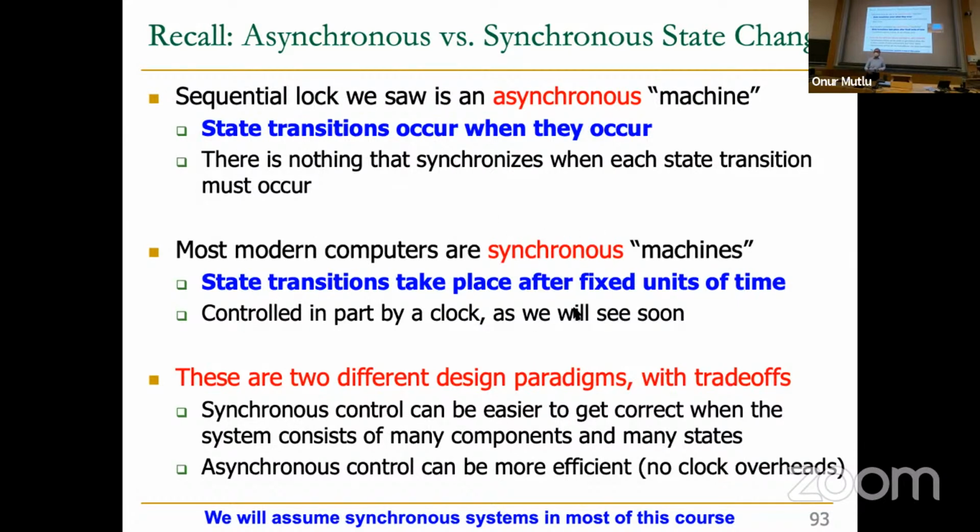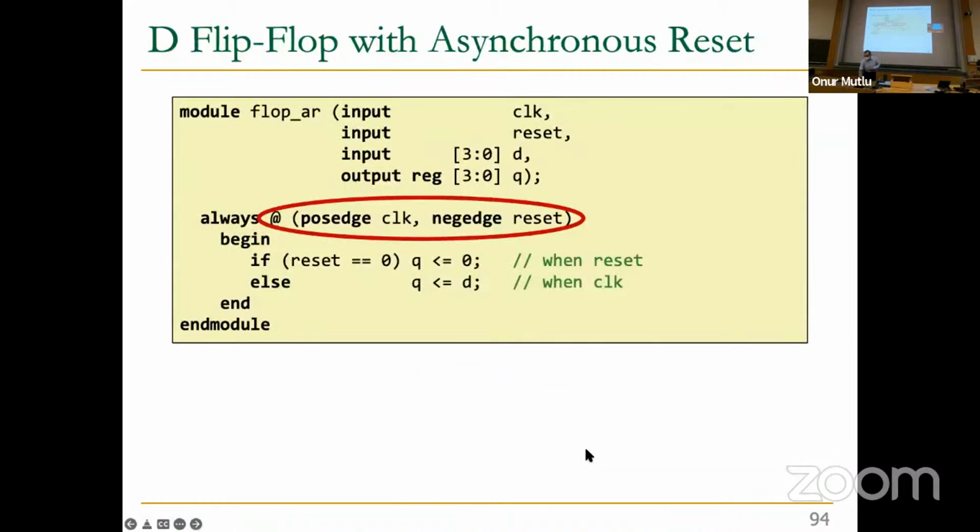State transitions take place after fixed units of time, dictated by a clock. And we assume synchronous systems in most of this course, but this was one example where asynchronous makes a lot of sense, actually. Whenever you're interacting with humans or nature, they're not operating based on the clock that the computer is operating on.